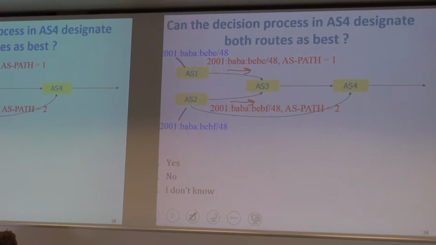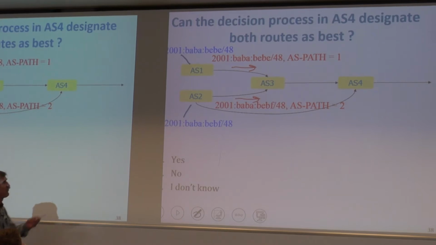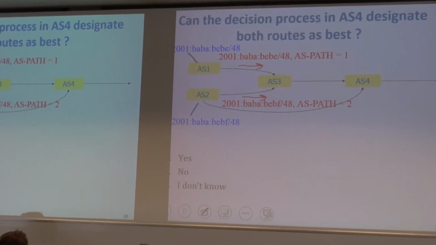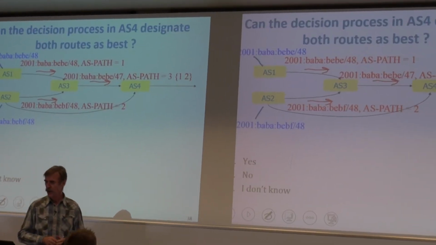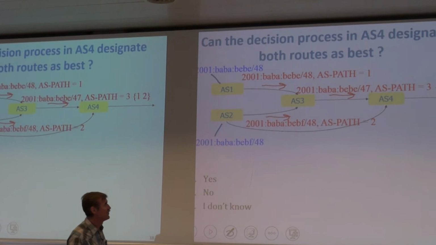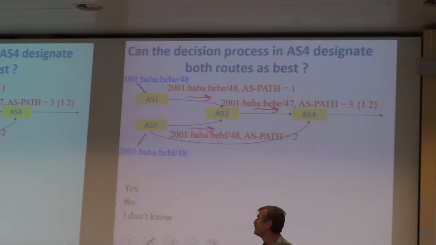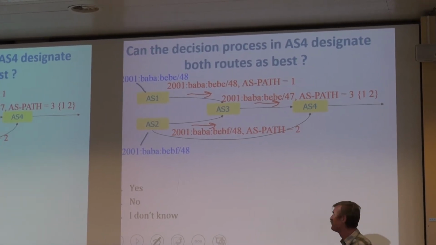Another side effect now is that we can be in this situation where AS4 receives two BGP announcements, one that comes from a router in AS3 that is aggregated. That's what we saw in the previous slide.